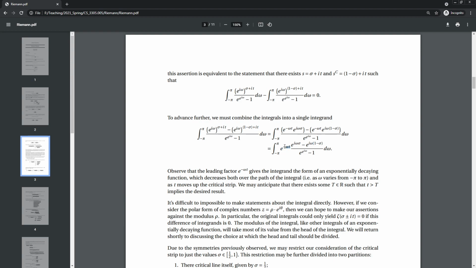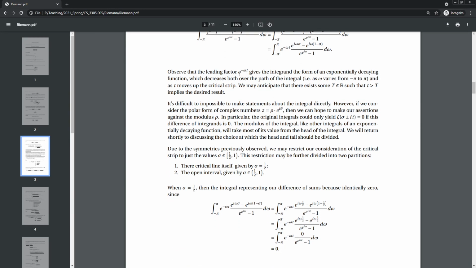As t goes off to infinity, ranging from 0 to infinity, this is going to get smaller and smaller. And so this is going to dominate this, which is bound between 0 and 2 in terms of absolute value, and this, which is bound between, I forget, something like 1.5 and 2.5 or something like that. We'll look at it here in a little bit. So this is not so bad to work with, and so we'll take a look at it.